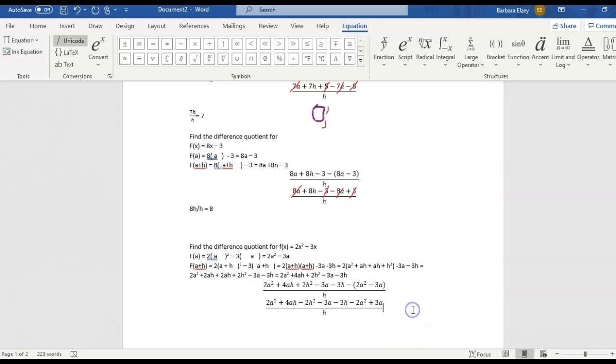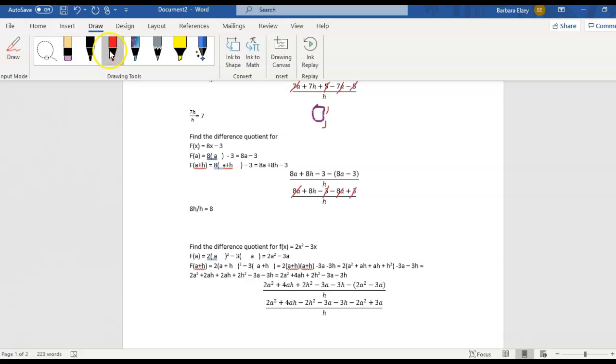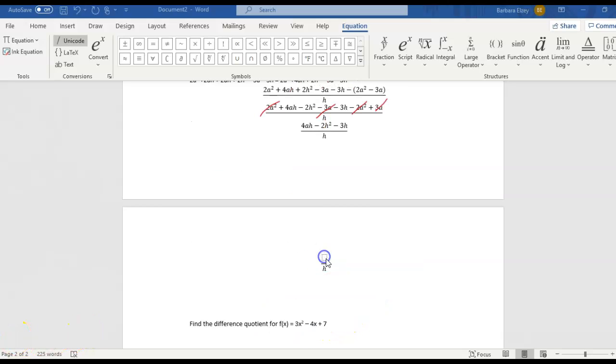All right, now at this point, we've done everything right. What was in the parentheses will cancel. So let's go ahead and cancel stuff. 2a squared, negative 2a squared, negative 3a, positive 3a. All right, now let's note what's left. So here's what's left over, 4ah, negative 2h squared, and negative 3h. Everything contains an h, so we're going to factor that h out.